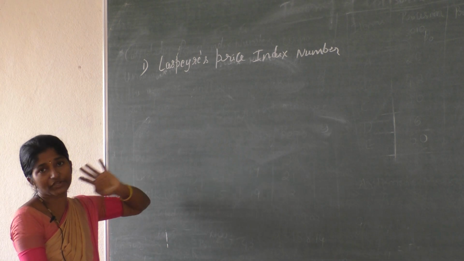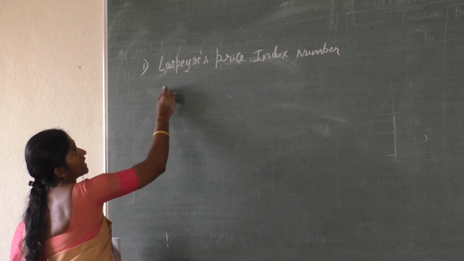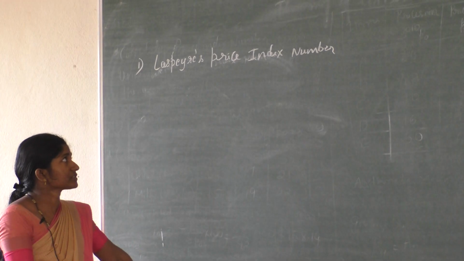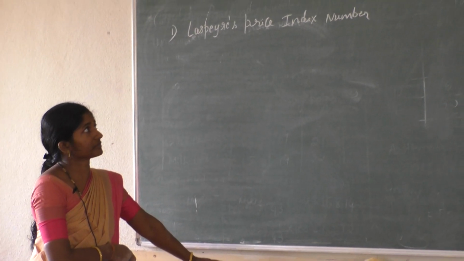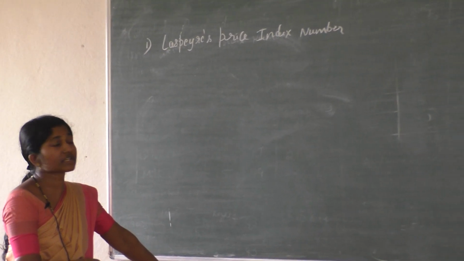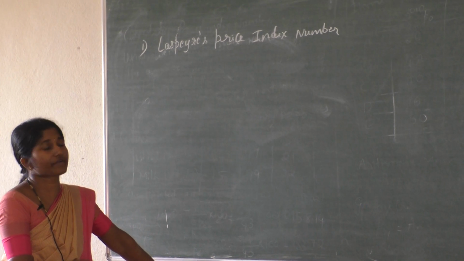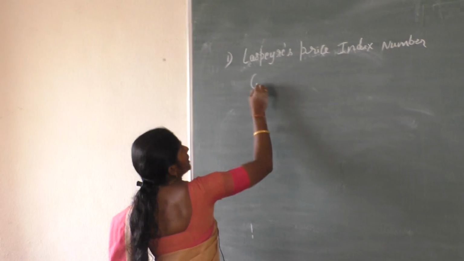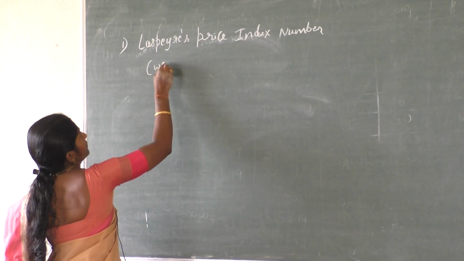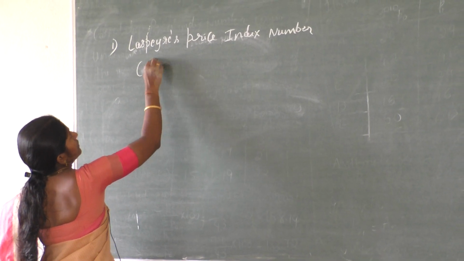First one is the Laspeyres price index number. The formula was given by the French economist in 1871. Here we are taking the weightage as the base year weightage.